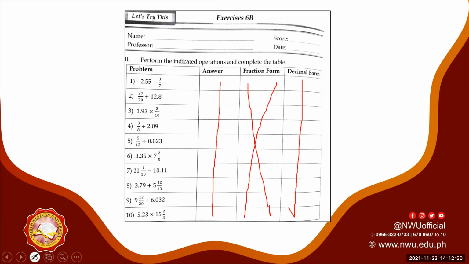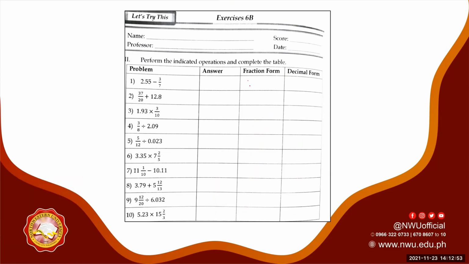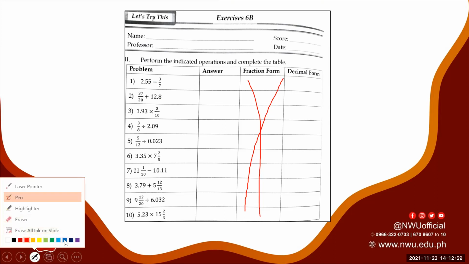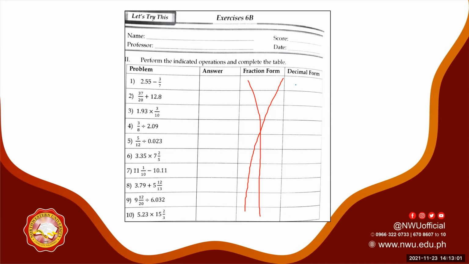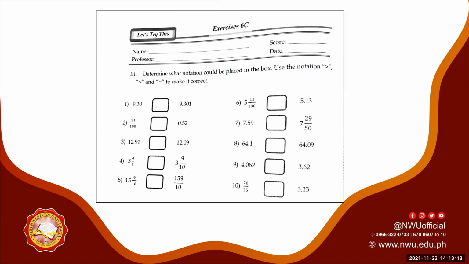What I need to see in your solution is the decimal form and the answer form. And don't worry about your activity or your quiz, because your quiz is, again, multiple choice. You will choose. You won't input.